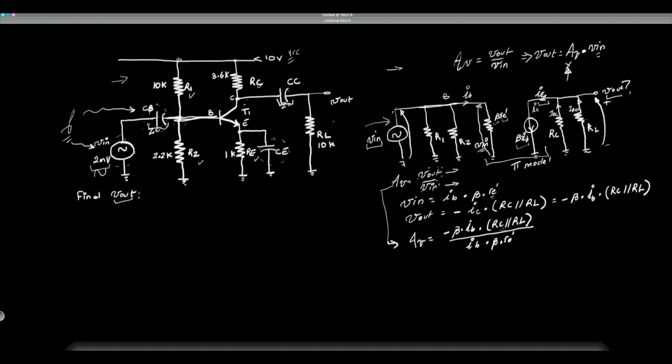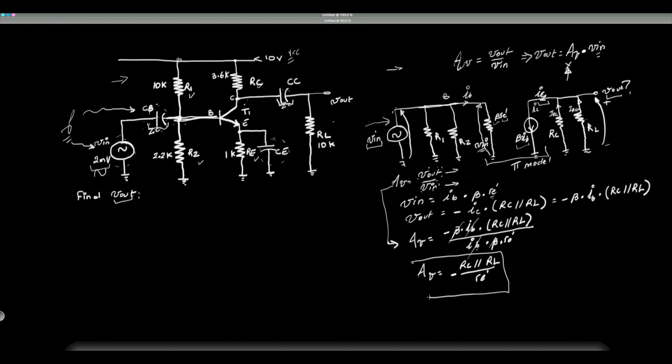Now let's think about what's going on here. I have IB in the numerator, IB in the denominator, beta in the denominator, beta in the numerator. We can simplify these. So now AV will be equal to RC in parallel with RL divided by RE prime. Don't forget the minus.